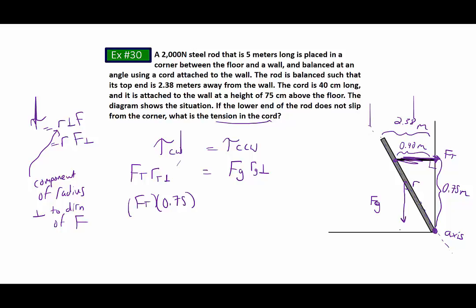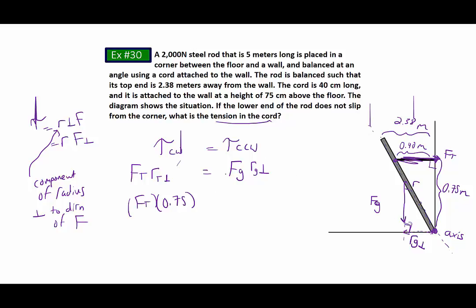It's going to be this little guy here, Rg perpendicular. My R perpendicular is going to be from the axis out to where my force of gravity is, and that's the little R perpendicular for the force of gravity.